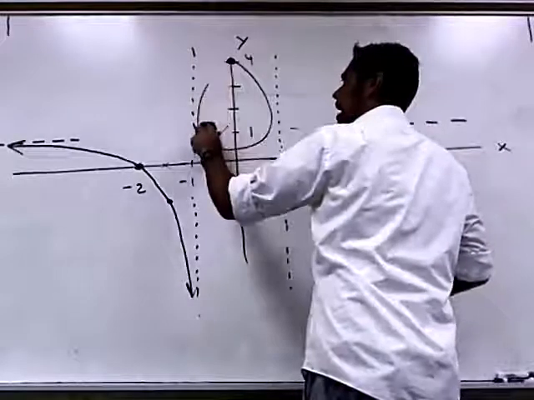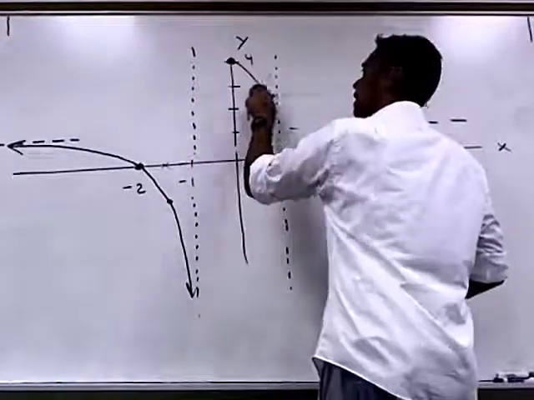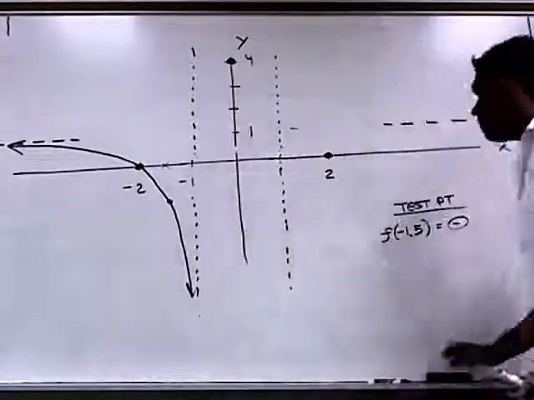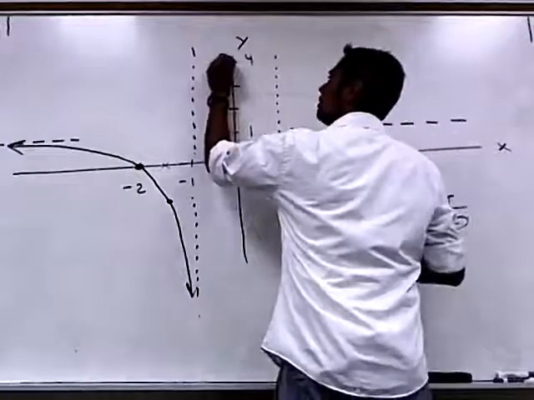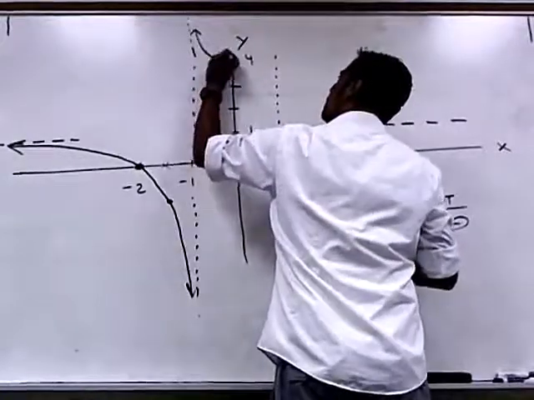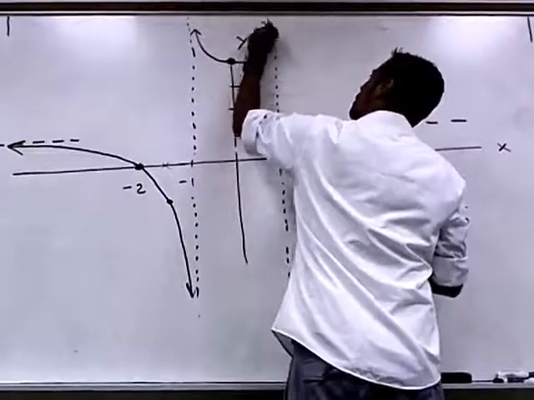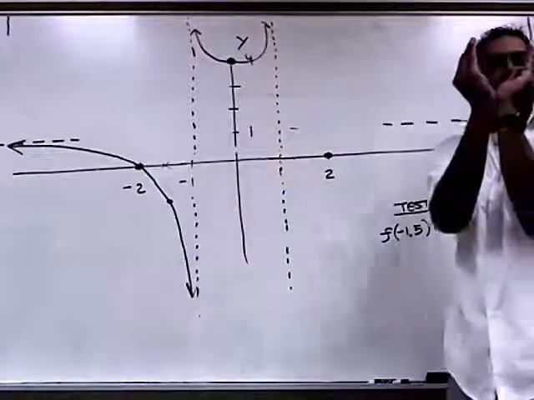So you can't wrap back around yourself like that, even though that would be a kind of cool picture. All right. So to the left, I have to go up. To the right, I have to go up. So I'm going to draw it like this. I'll extend my dots like that. So it looks like a little parabola in there.